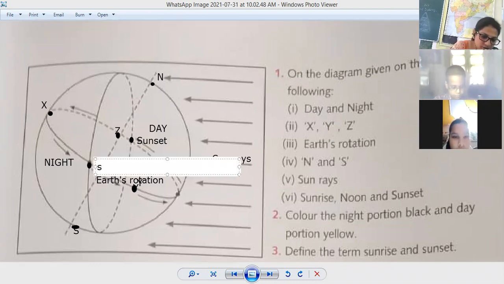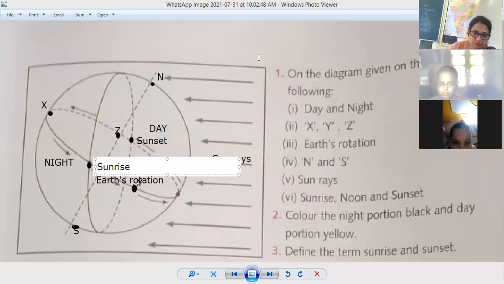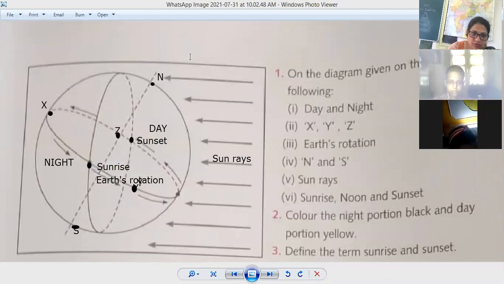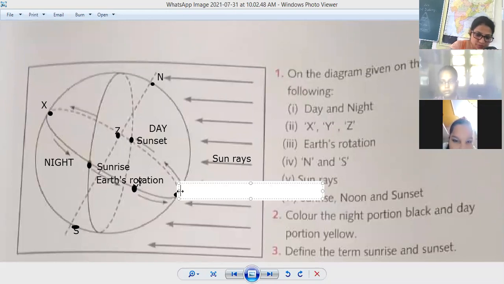Write down sunrise. Now where is noon? At this point, here, the middle of sunrise and sunset, noon.